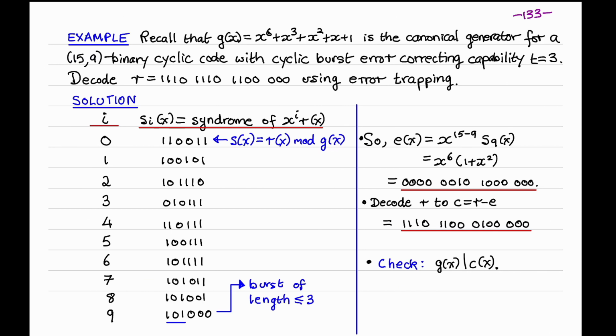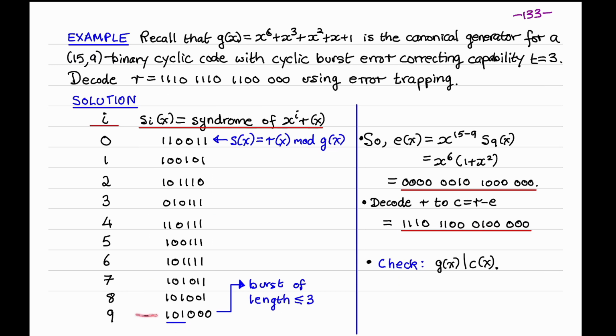We then compute syndromes of cyclic shifts of R. Recall that we can do this by shifting the previous syndrome one position to the right, and if the rightmost bit is a 1, then we add the vector g(x) and delete the last 0 to get a vector of length 6. So we repeatedly compute syndromes of shifts of R until we get a syndrome that's a burst of length at most 3.